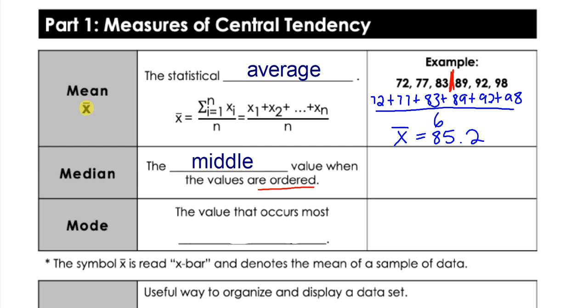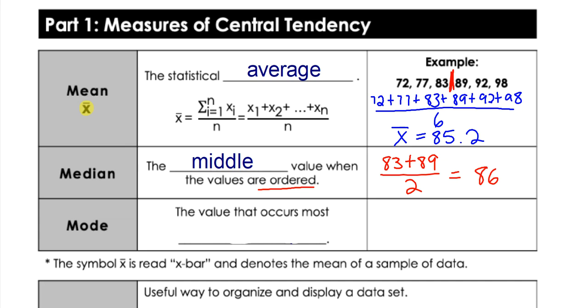When there's an even number in our data set, the middle is going to fall in between two numbers. So we find the average of those two numbers by adding them up and dividing by 2. That is going to give me the median. In this case, the middle of 83 and 89 would be 86. So the median is the middle number.